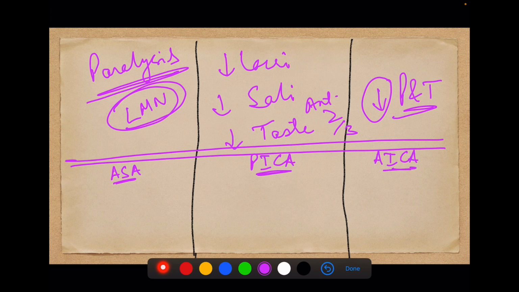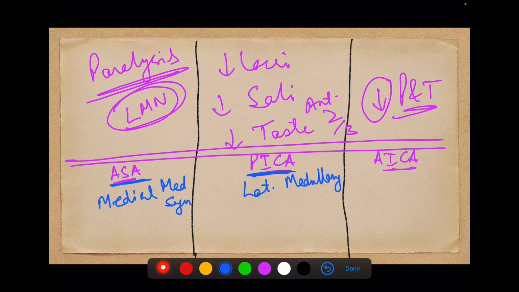What was the anterior spinal artery lesion? It was supplying the medial aspect of the medulla, so medial medullary syndrome. Posterior inferior cerebellar artery, lateral part of the medulla, so there is lateral medullary syndrome. And what was the other name of lateral medullary syndrome?